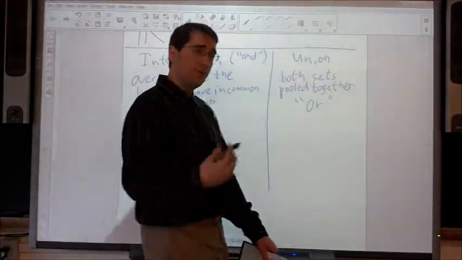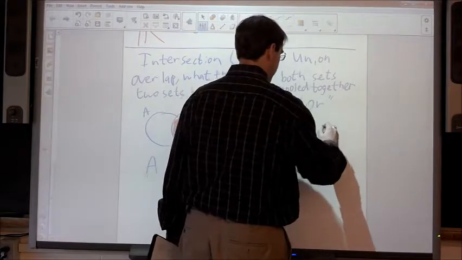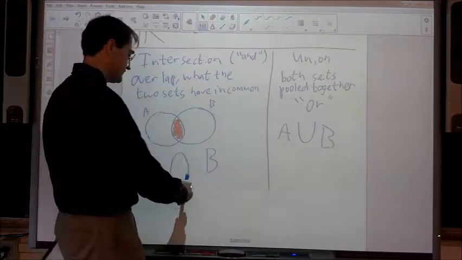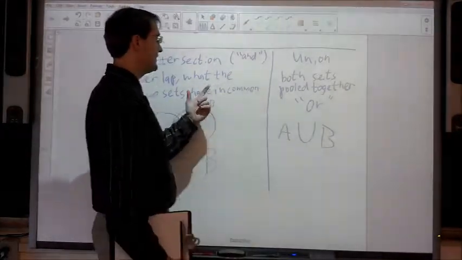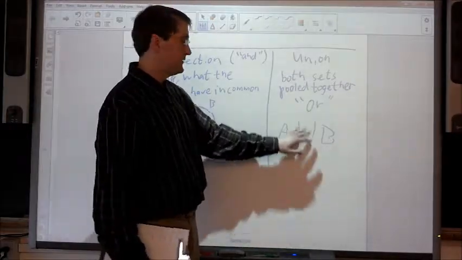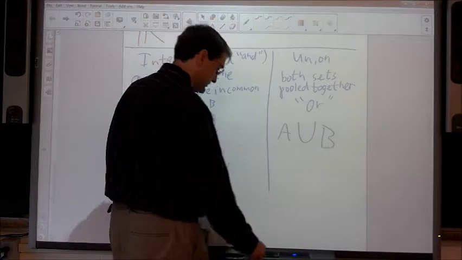But again, the notation that you need to know for this, this might not be a terribly huge surprise: if the intersection is an arch shape like this, the union, which is kind of like the opposite of the intersection, is a U shape. This isn't actually a U. It's just this kind of dipping down shape here.